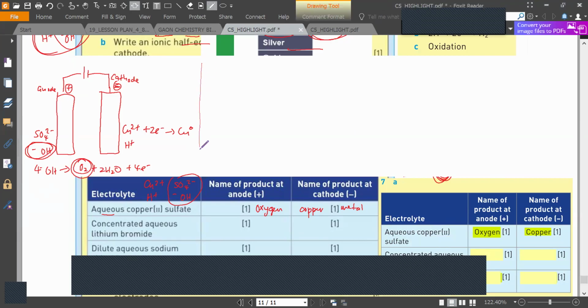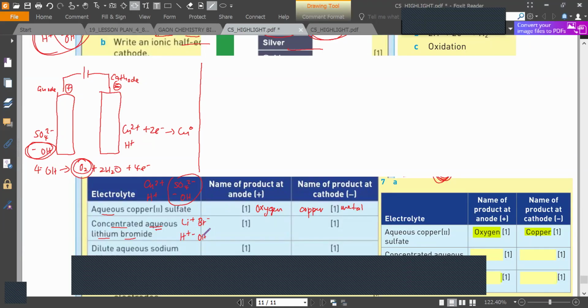Okay, second one. Concentrated aqueous lithium bromide. Lithium is group 1, so the ion is always +1. Bromine is group 7, is always -1. Aqueous means we have water like this.